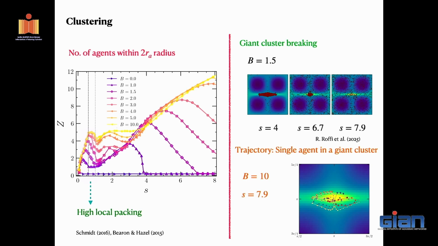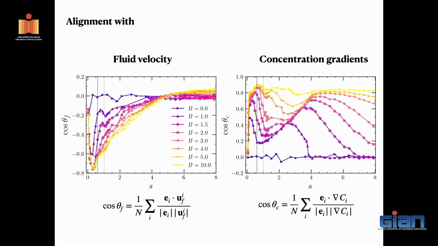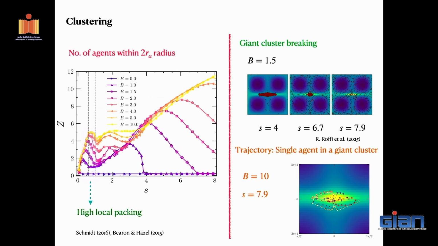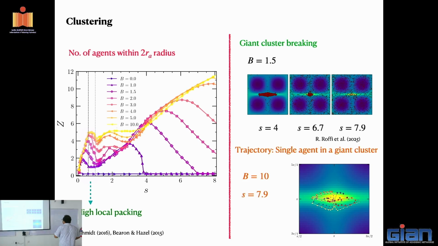So what is happening, I can tell you in advance. You see some clustering here, which is essentially happening in the rest of the strain dominated region, and these peaks correspond to the big clusters at the source. So what you have observed is a very high local packing.